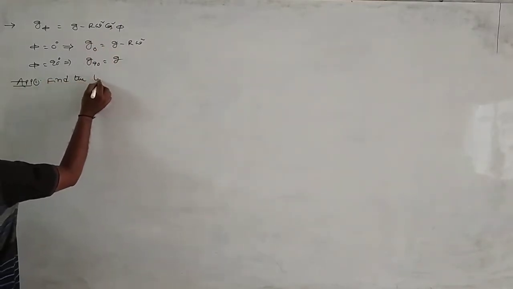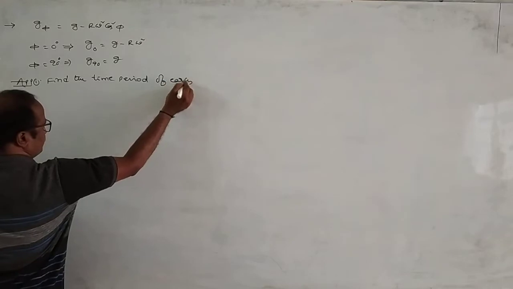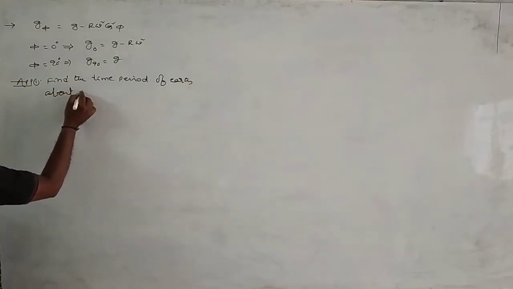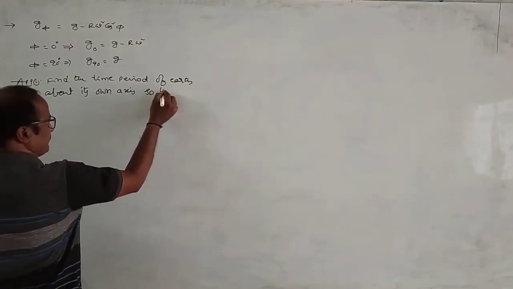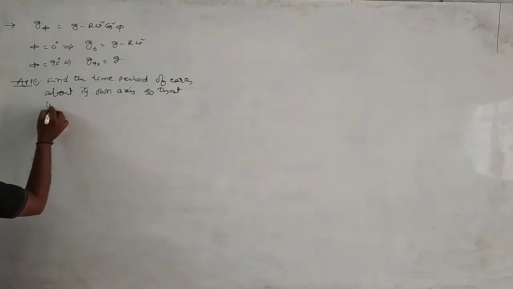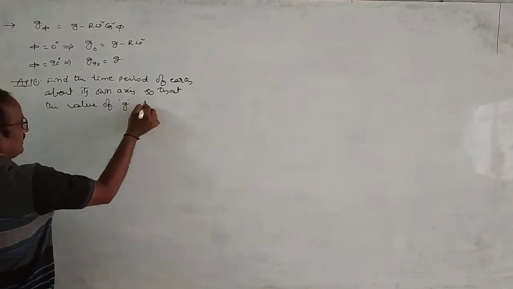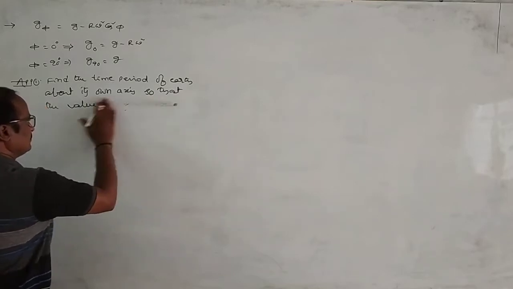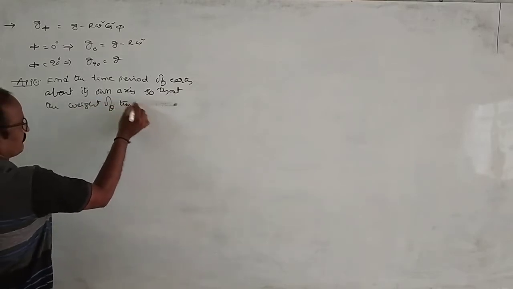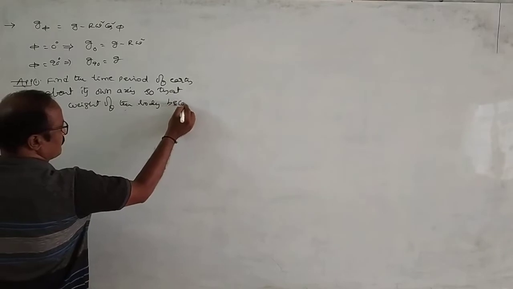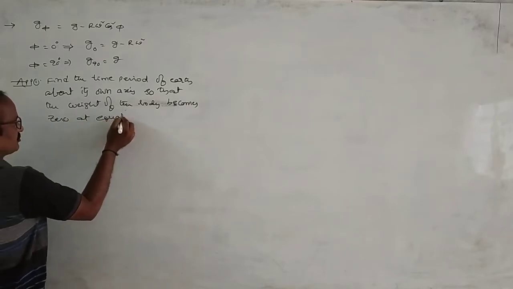Find the time period of earth about its own axis so that the value of g at the equator, the weight of the body, becomes zero at the equator. So this is the question.